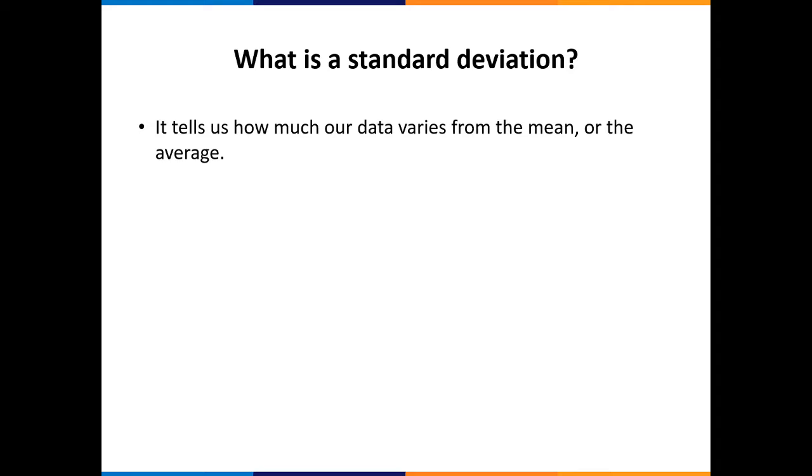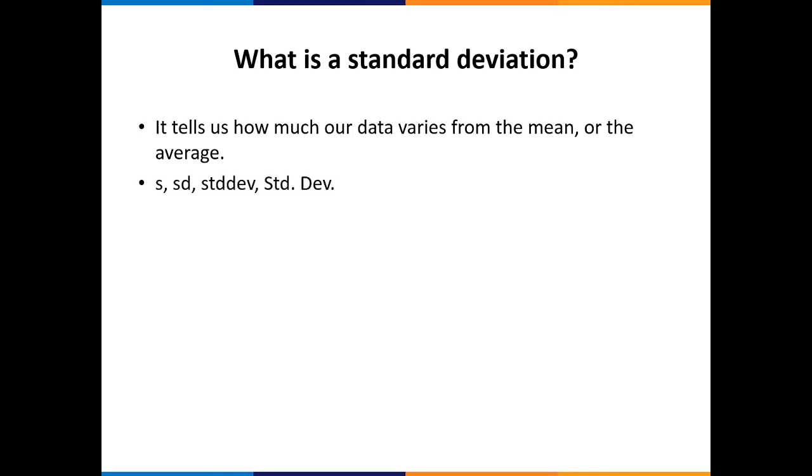The standard deviation and the average go hand in hand to tell us things about our data. The average gives us the most centrally representative number of our student data, and the standard deviation tells us how much our data varies in general from the average, or the mean.